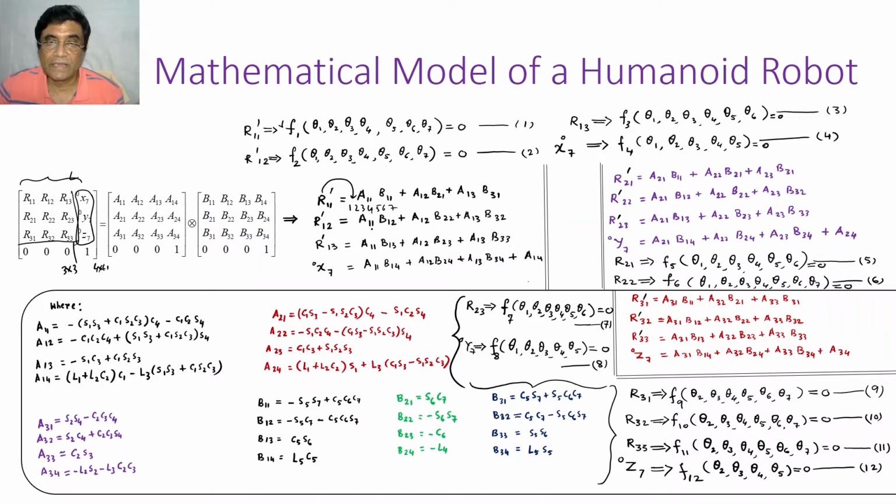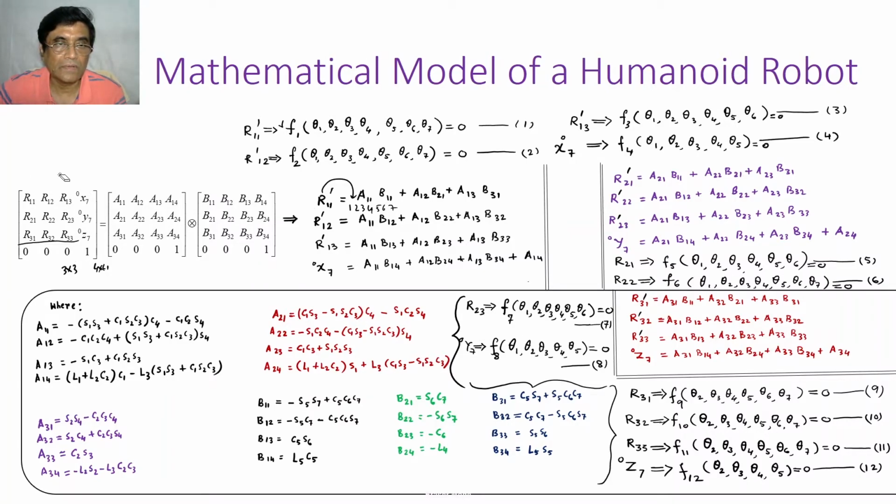Similar is the case for the others. Do I need to tell you again? I believe this is also a function of 7 variables. Let me take one example. In this way I am generating the functions, because you will have to first create the functions, making them equal to 0. That is the basic requirement for starting the Newton-Raphson method, as you have seen in my earlier video. So there is R13, let us call it prime.